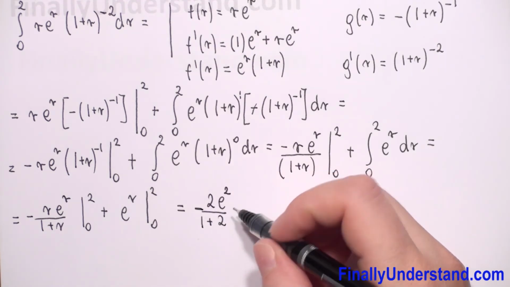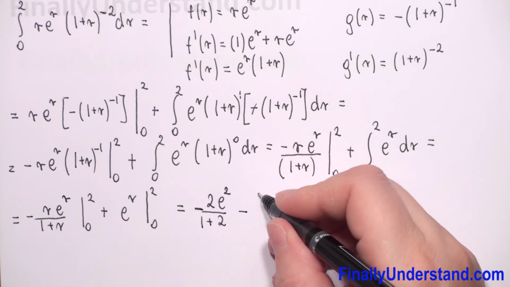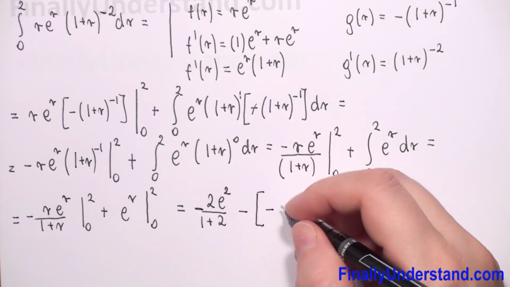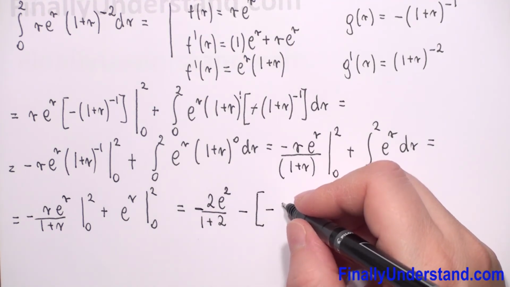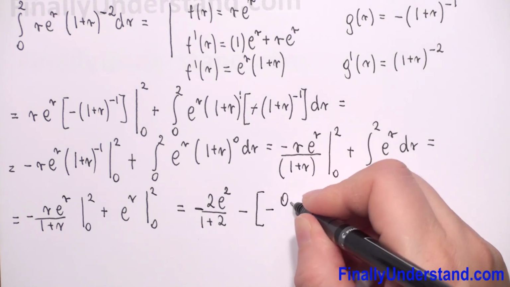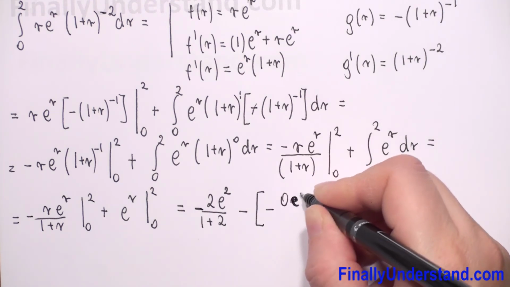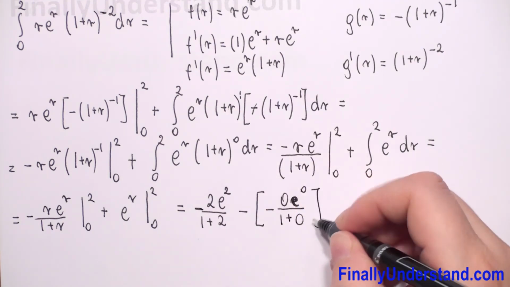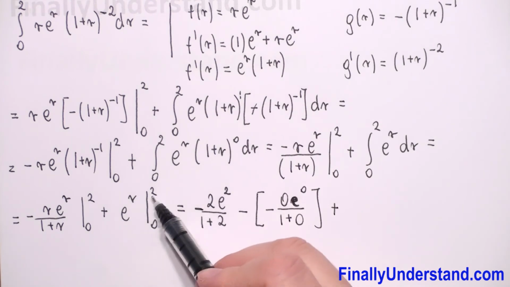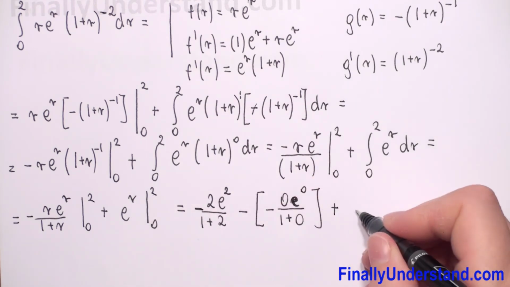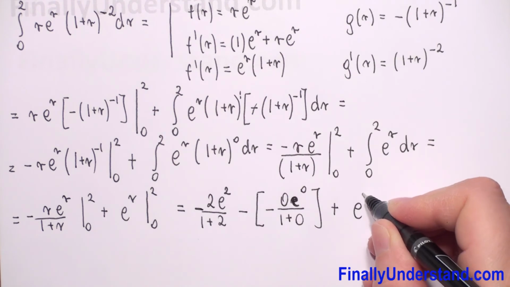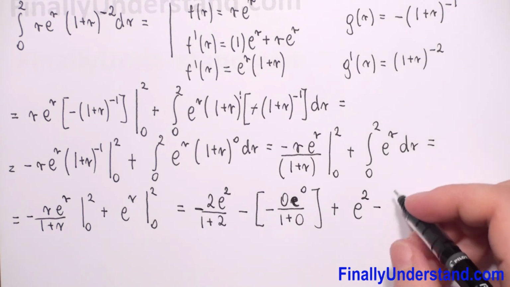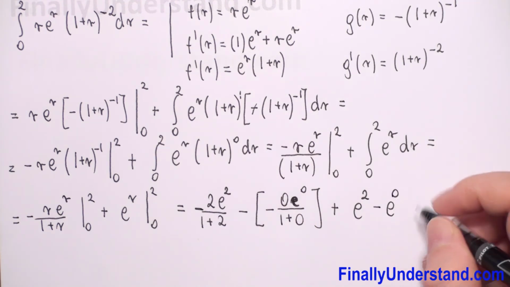And we need to subtract the lower limit, so we have minus, and we will put this in brackets because we have a negative sign. So we have negative, and now we substitute r by 0. So we have 0 times e to power 0 over 1 plus 0, plus, and now we need to substitute the upper limit for r. So we have e to power 2 minus the lower limit, which is 0. So we have e to power 0.